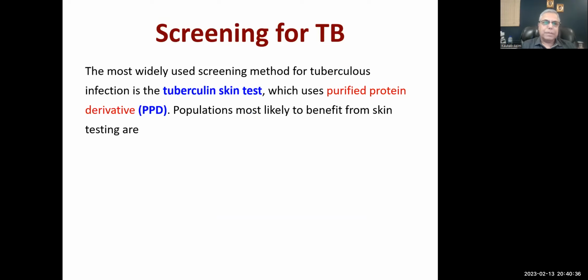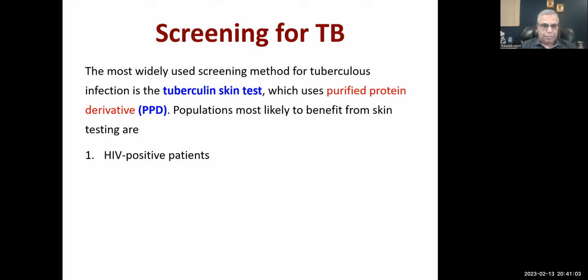Screening for tuberculosis is done with the tuberculin skin test. You must remember that if it is positive, it does not mean tuberculosis, all right? And I'm sure you already know this thing. So the tuberculin skin test uses purified protein derivative, which is known as PPD. Populations most likely to benefit from skin testing are HIV positive patients.